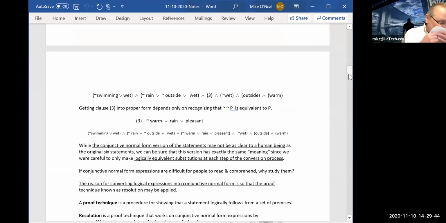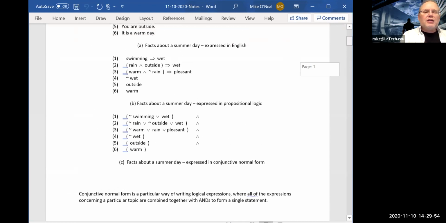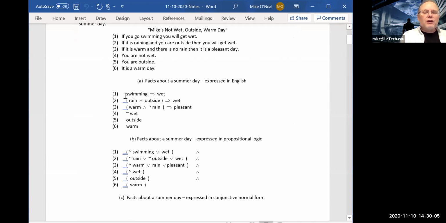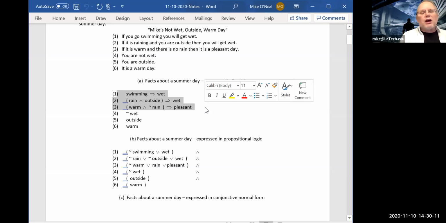Now, you might say to yourself, Self, why is Mike showing us this thing? Because let's face it, it's a lot easier to read the English. If you go swimming, then you'll get wet. If it's raining and you're outside, then you'll get wet. Or even once I've converted it into propositional logic using implication, it's still swimming implies wet, rain and outside implies wet.